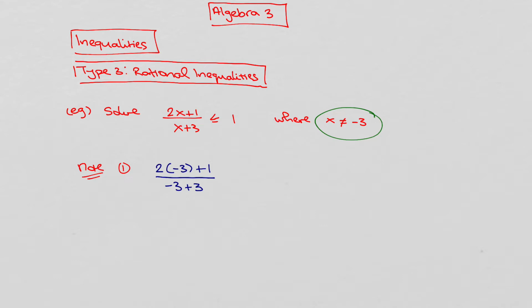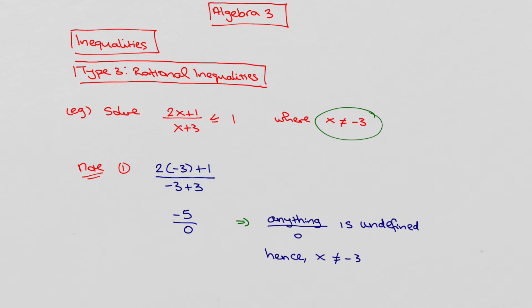So on the top that gives me minus 6 plus 1, which is minus 5, but on the bottom I have 0. And of course, any number divided by 0 is undefined. So therefore, that's why we're being told in the question that x is not equal to minus 3.